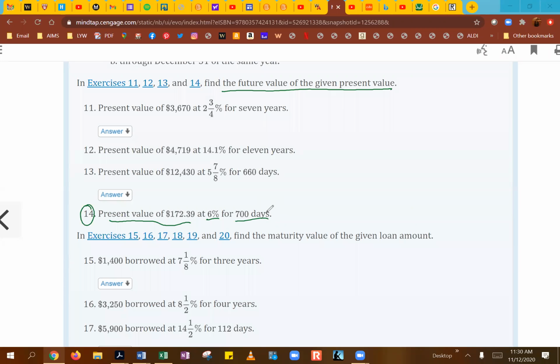So remember, your future value formula is future value equals principal times 1 plus RT. So using this formula, let me see what dollar amount you come up with for the future value. And again, don't round till you get to the very last step.